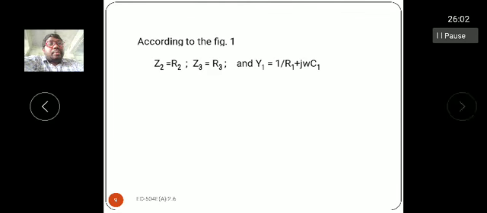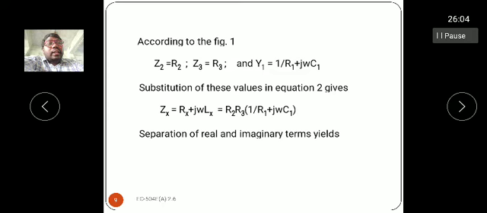In the equation part, what we have to observe here is that Z2 is equal to R2, because the Z2 impedance is the fixed resistance R2. Z3 is R3, the variable resistance. If the circuit is balanced, then we directly take Z3 is equal to R3.